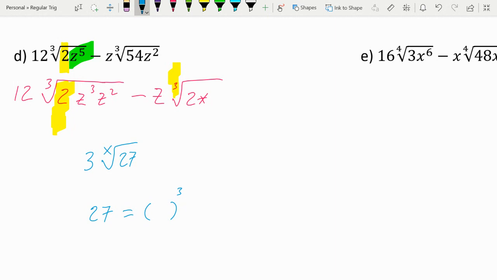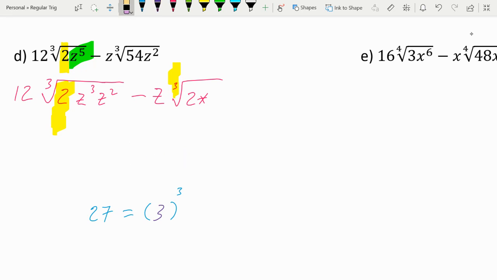If you take the time right now, grab your calculator, and type in the 3rd root of 27, it's going to give you 3. So really what this is saying is 3 to the 3rd power is 27.